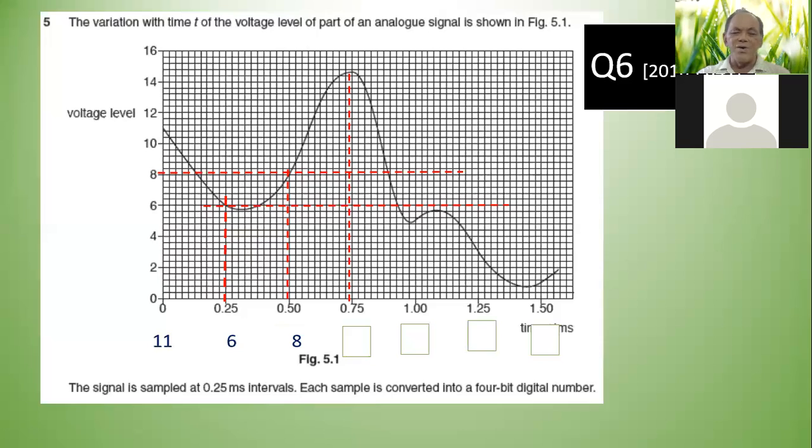Usually we cannot round it off to 15 unless it's slightly more than 15. Digital is different from what we have learned in our maths. So 14.8, less than 15, is still 14. Then at 1, we just read a line at 1, then a horizontal line, and read that. It's about 5. And at 1.25, read that.